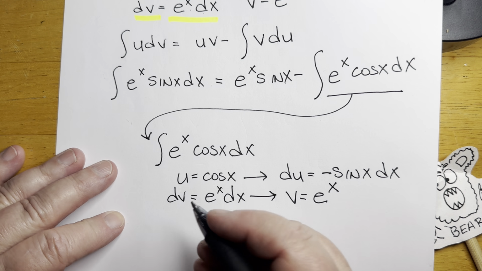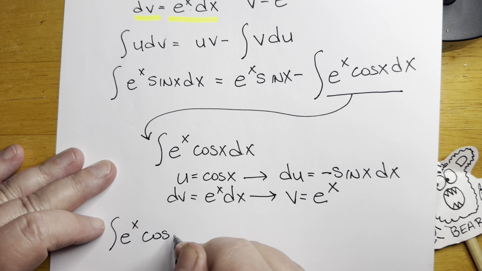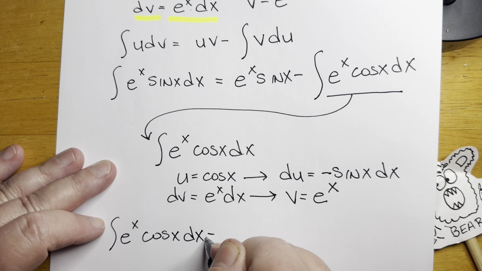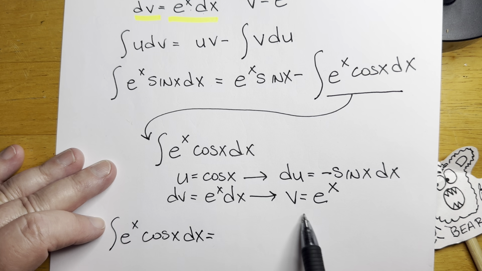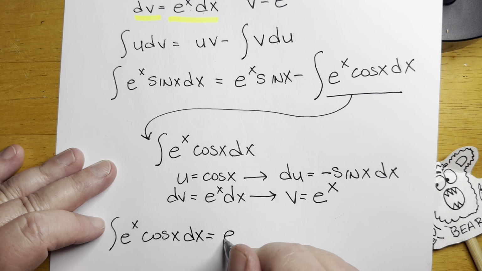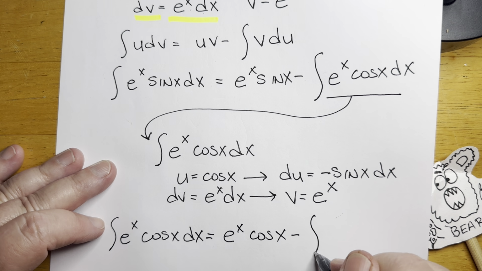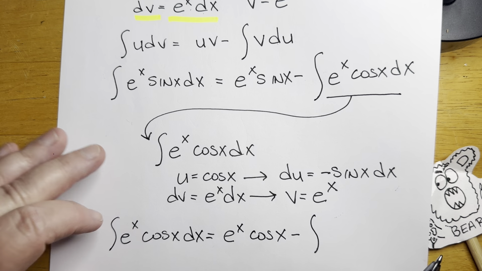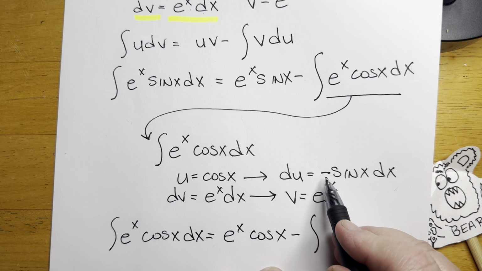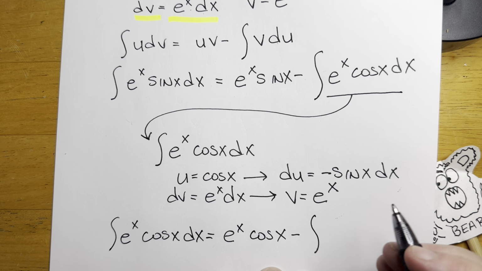Okay, so then I've got e to the x cosine x dx is going to be, remember, the u times the v, so it's the ones that are slantways from each other. E to the x cosine of x minus, and then I bring these two together, and notice that there's another minus here. So that's going to actually make this a plus. Do you see that?